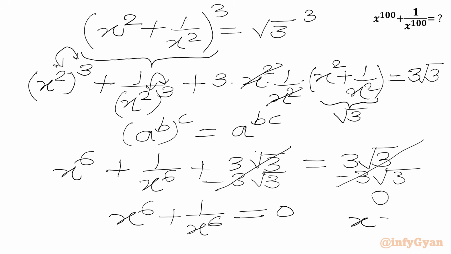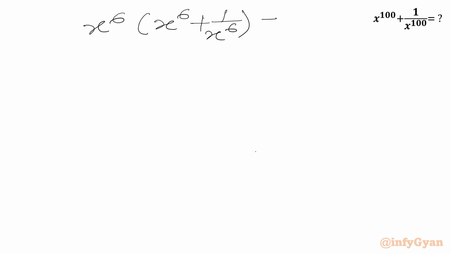Now x cannot be equal to 0. So we can multiply both sides by x power 6. So we will write x power 6 times x power 6 plus 1 over x power 6 equal to 0 times x power 6, which will be equal to x power 6 plus 6, 12, plus x power 6 times 1 over x power 6 will become 1, equal to 0.